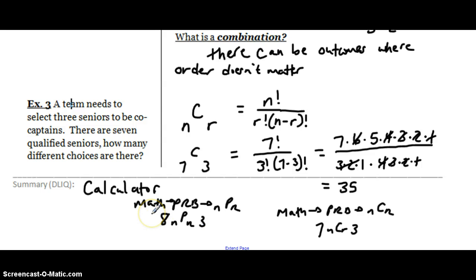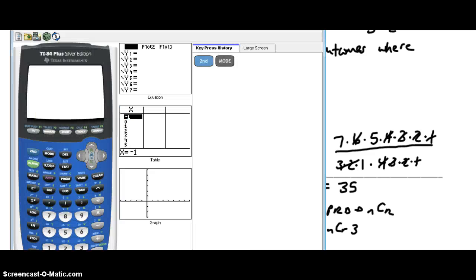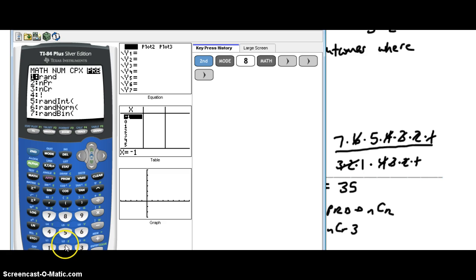Now where you find the buttons is math, then over to PRB for probability, and then you'll pick nPr or nCr. So let's take a look and see how that works. So first you put the total number, so it'll be 8 in this case, and then you hit math, over to probability, and then number 2, and then for nPr, and then 3. And that's how you can confirm your answer.